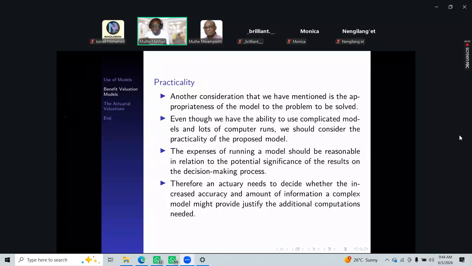So does what you want to achieve justify the complexity involved? Because if you use a complex model, and maybe the decision which needs to be made is not that significant, can you justify the cost involved in that or not, right?